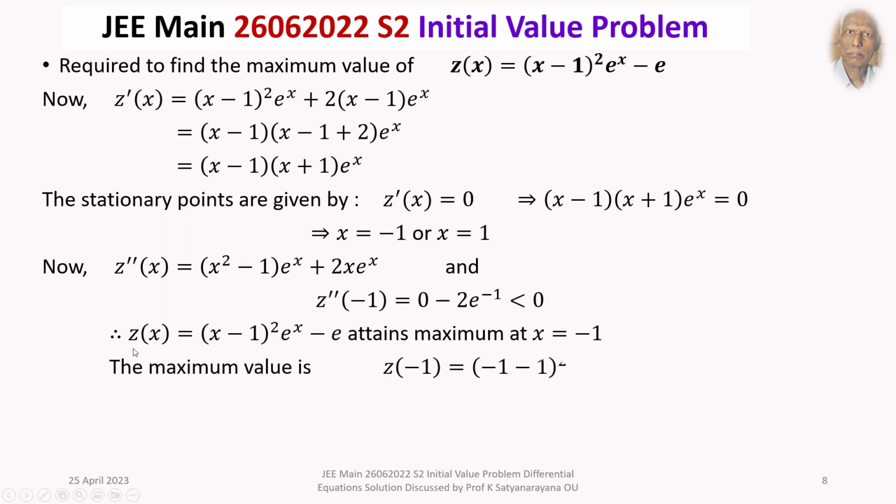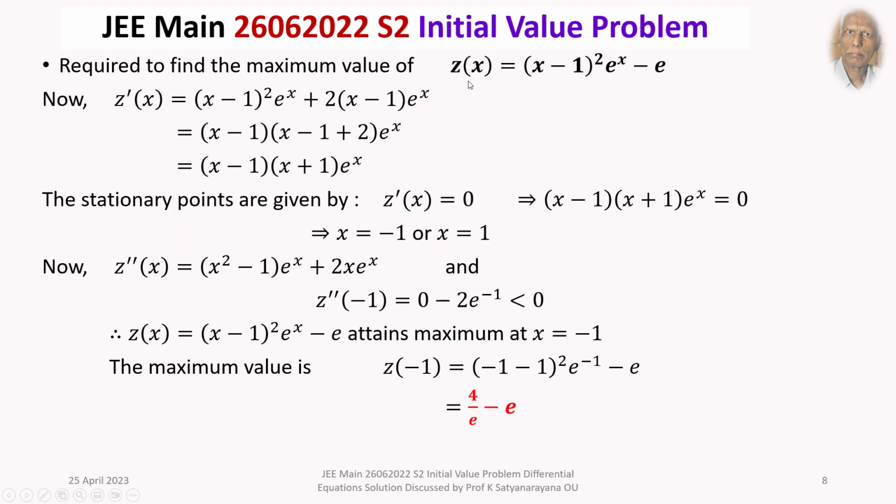So substitute x equal to minus 1 in z of x, which will be equal to minus 1 whole square, that is minus 2 whole square, into e power x, that is e power minus 1, minus e. Minus 2 whole square is 4. E power minus 1 is 1 by e, therefore it is 4 by e minus e. That is the maximum value of z of x.